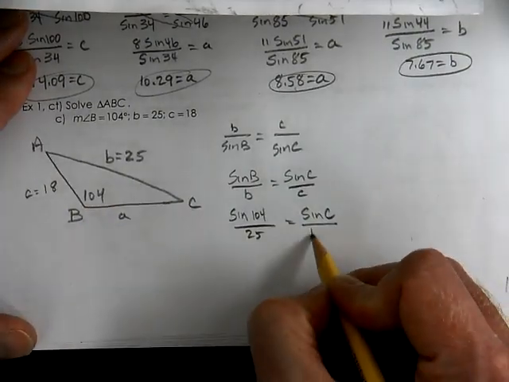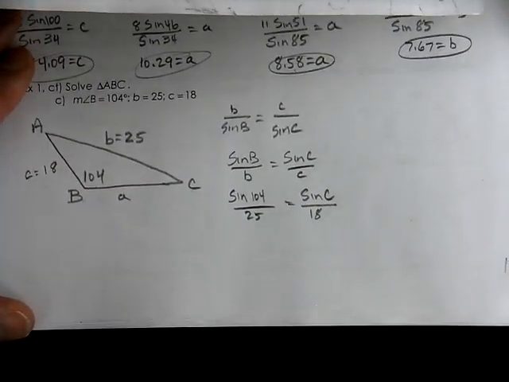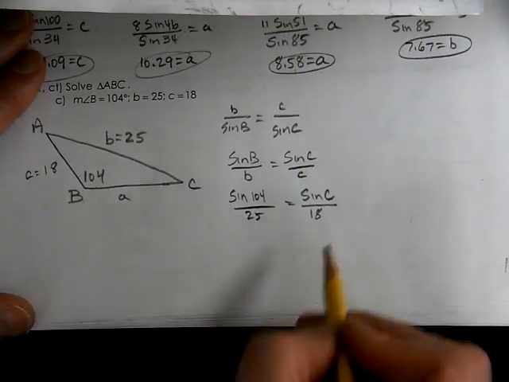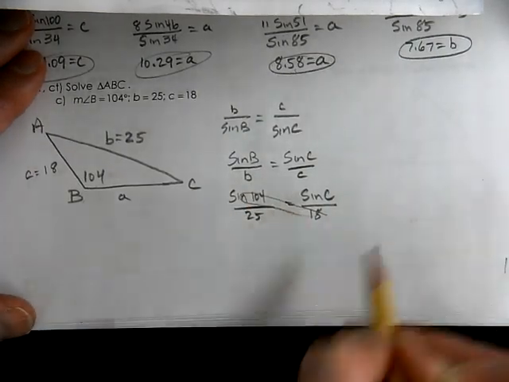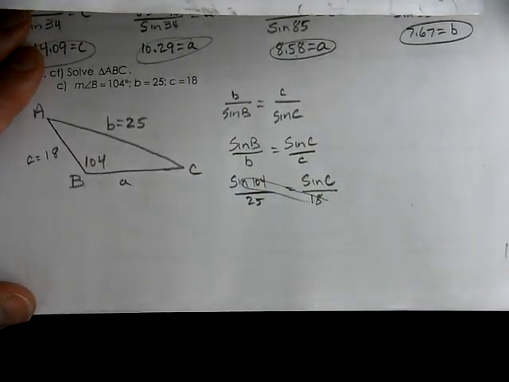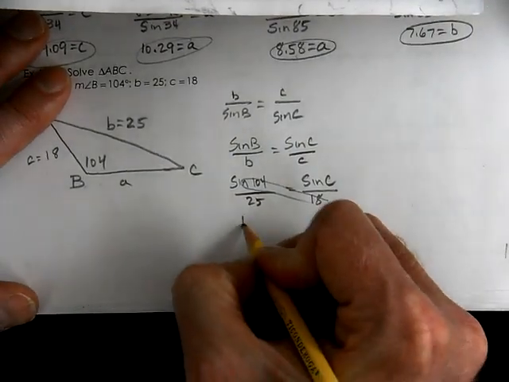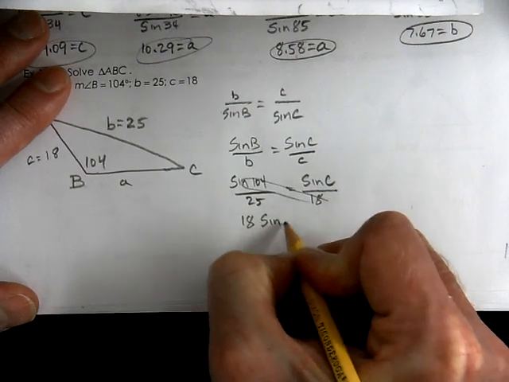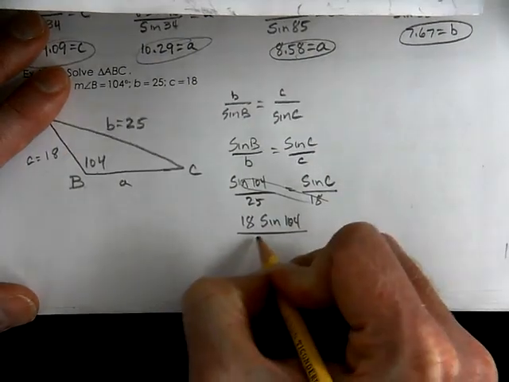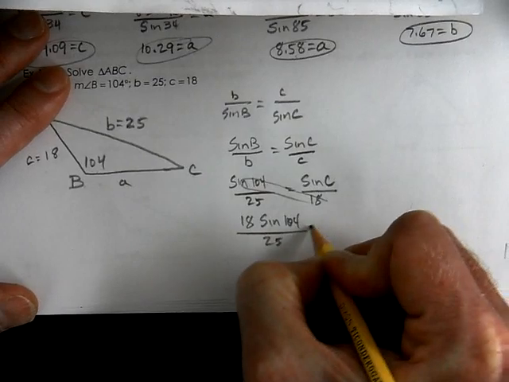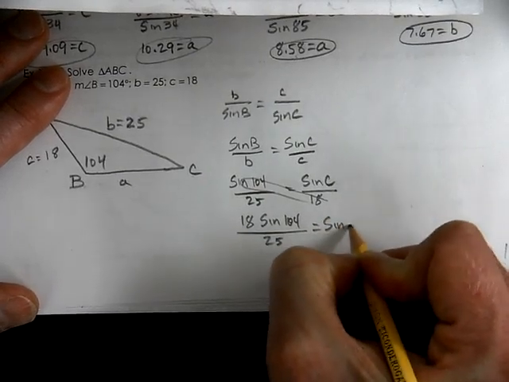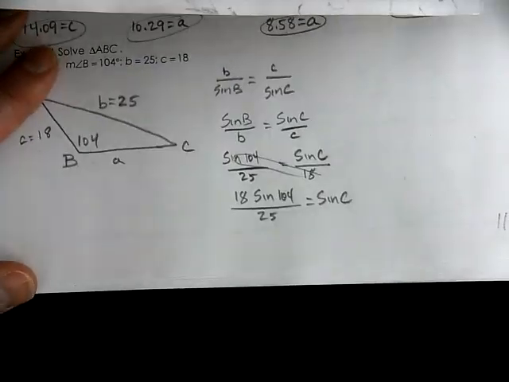And C was 18. So when we cross multiply, we only have to cross multiply one direction. Just saves you a step. So we have 18 sine of 104 over 25. And this is going to give us the sine of C.